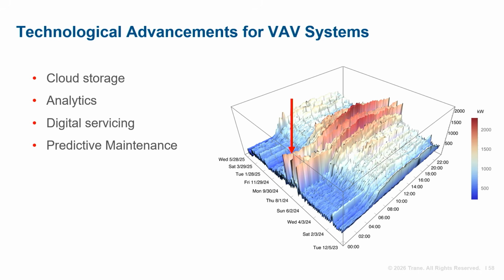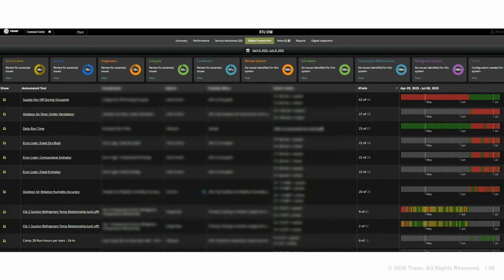Unlike traditional equipment servicing, where a technician checks the equipment condition only during quarterly visits, digital servicing allows for 24/7 monitoring. By tracking key variables in the VAV equipment and systems, potential issues can be detected early. This allows the maintenance team to address problems before they escalate, preventing major issues or operational downtime due to damaged equipment. Here is an example of a digital service inspection.